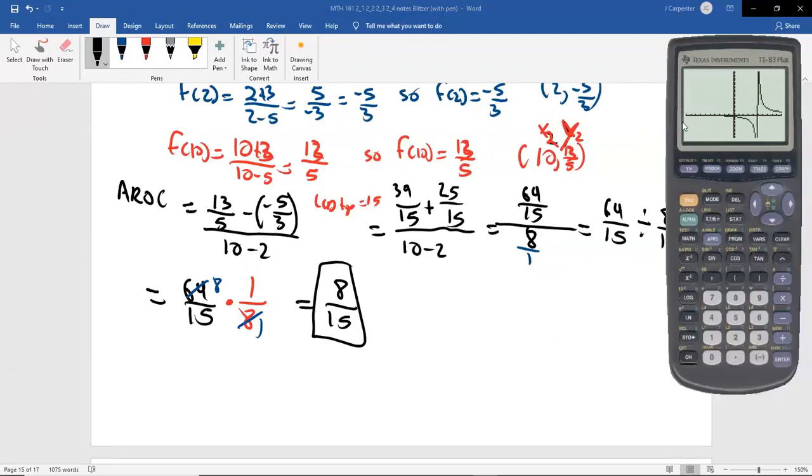So let's see. The 2 comma negative 5/3, that's right 2 down 5/3. That was right here. That's the first point. The 10 comma 13/5, that's right 10, and then up 13/5, which is about there. No, that's not right. Hold on. Undo. Let me put myself in the standard window first.